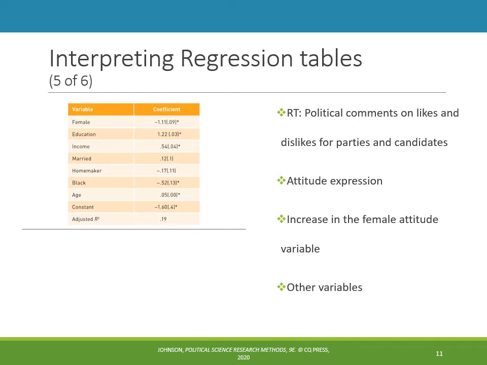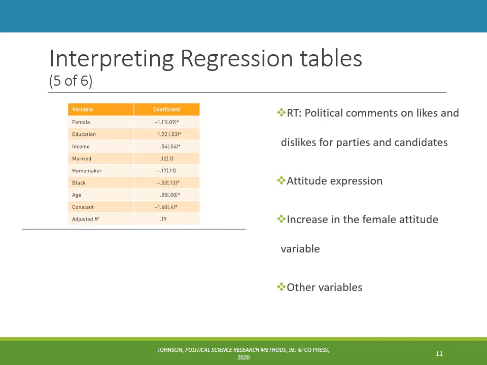So let's say with female, because there are only two categories for this study, you can only be female or male. Your interpretation of this negative coefficient is that, holding all of these other variables constant, women on average make 1.11 fewer comments than men about political parties and candidates.